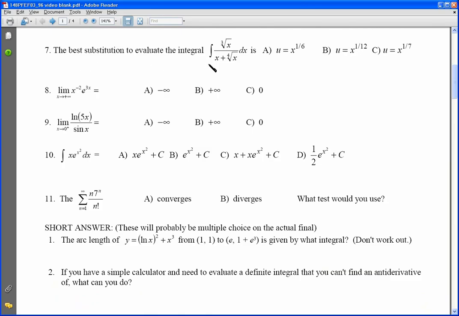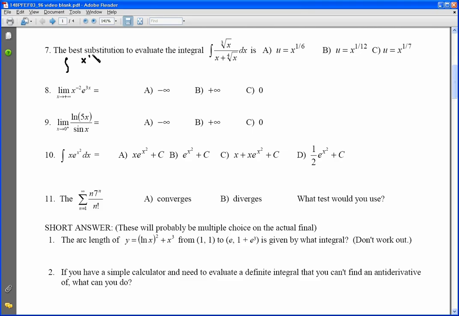Find the best substitution for the integral. So remember, what you do is you write these as fractional exponents. So this would be the integral, and this is going to be a rationalizing substitution because we've got these different roots with different indices. So it's a rationalizing u-substitution.